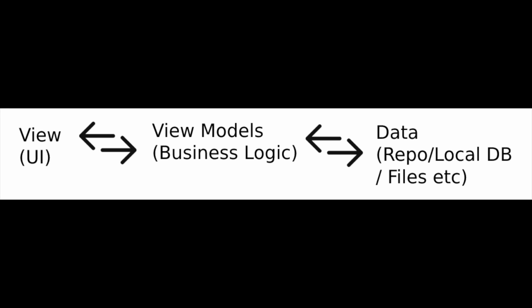So let's see what's the main idea behind MVVM. Here we will have a viewModel class, and you will have your view classes, and you will have your repo classes. But the main business logic will be residing in the view models, and the view model will be communicating to the view and also to your repo or your local database or your files, wherever the data comes in.